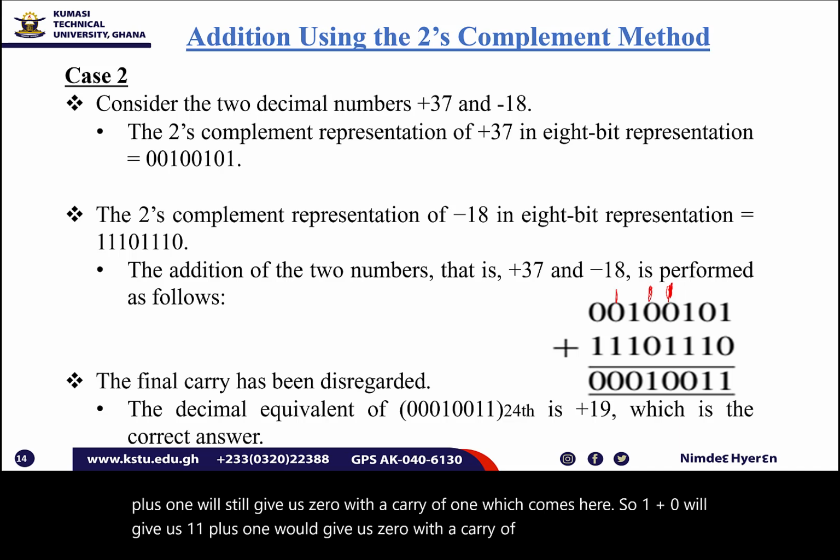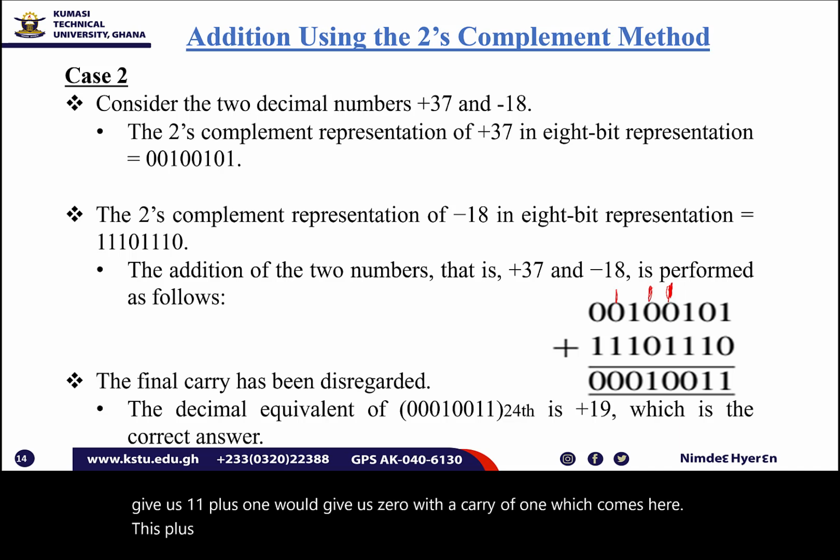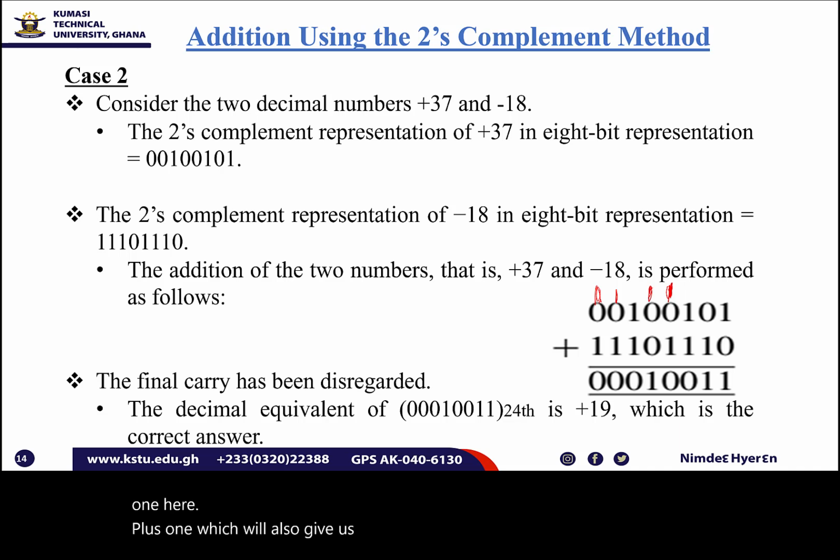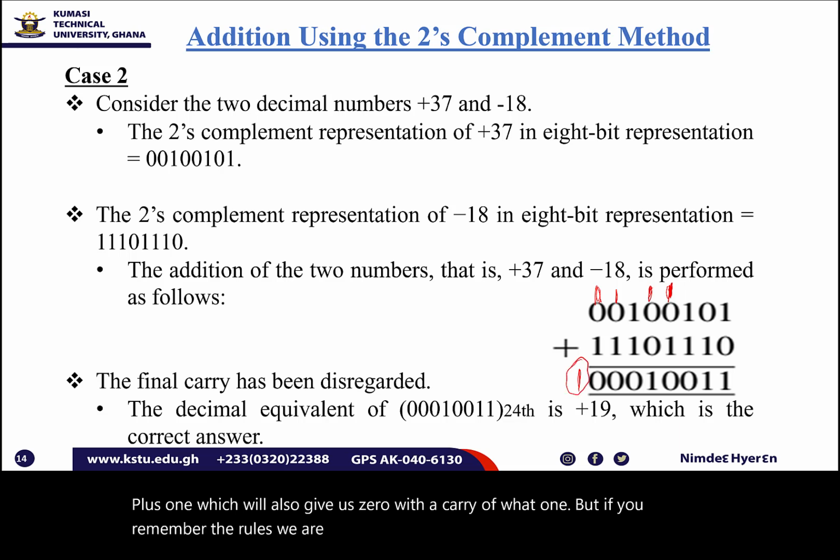This plus this gives us what? A 0 with a carry of 1. And then we would get 1 here, plus 1, which will also give us 0 with a carry of what? 1. But if you remember the rules, we are supposed to discard this.